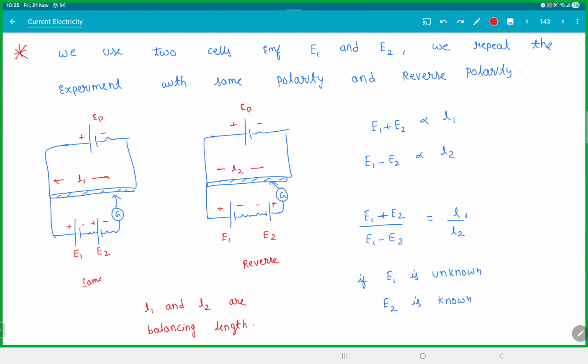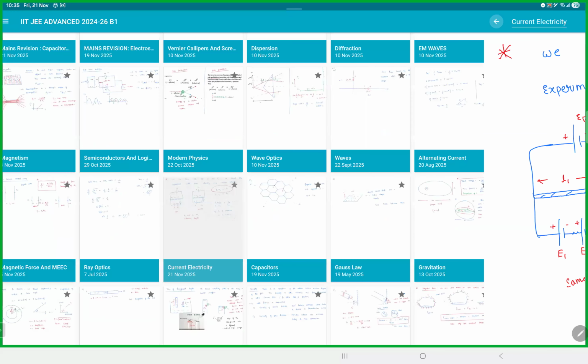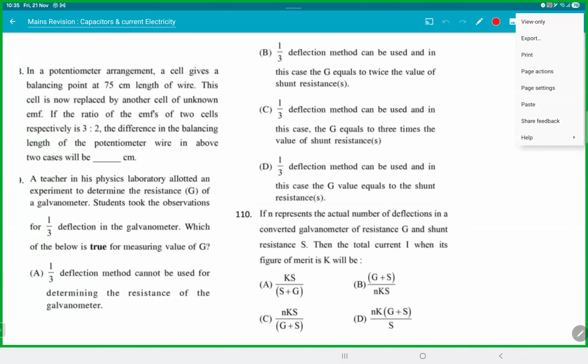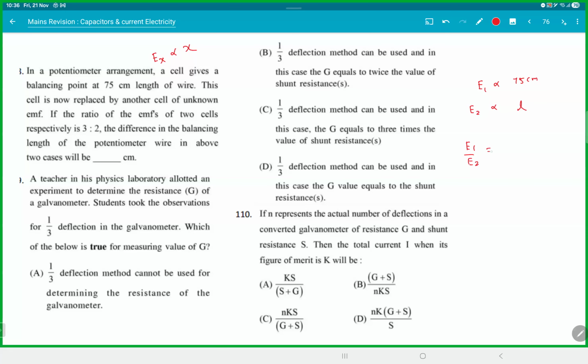You use the proportionality. Now from that, if you see the question for the first one, the EMF E is proportional to the length. So he's saying initially it is balanced at 75 centimeters. So E1 is proportional to 75. E2 will be proportional to some length L. And he's saying E1 by E2 is 3 by 2.